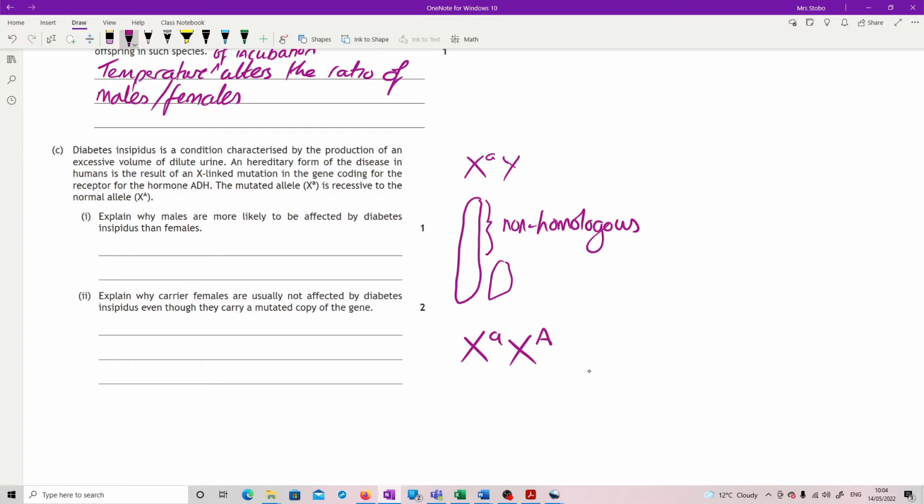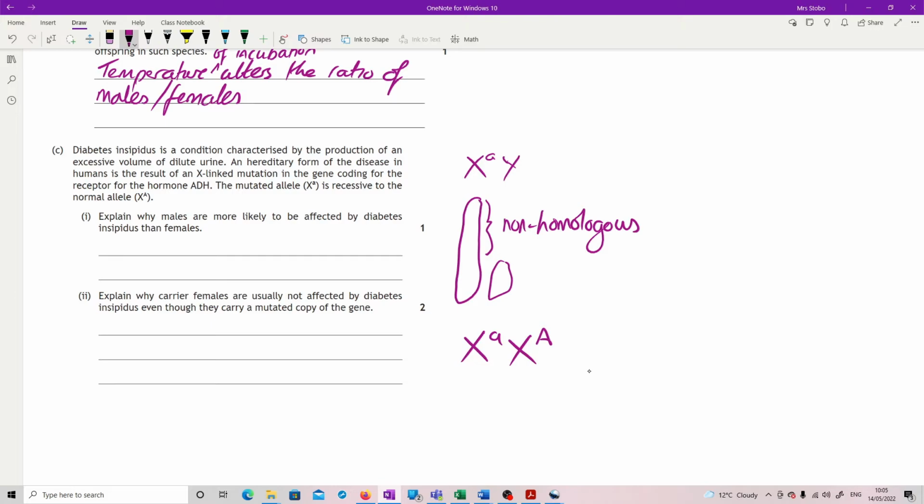So every cell has one or other of the X chromosomes inactivated. But that also means that 50% of the cells have an active ADH receptor. So you need to say X inactivation will randomly shut off half of the recessive and half of the non-recessive, but that means that 50% of them still have the active one, so that's enough for the kidney to function.